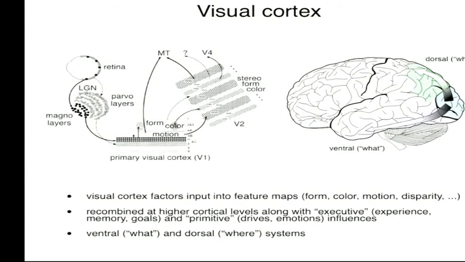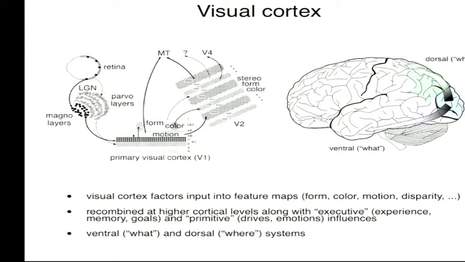Okay, so once we get further on into the cortex, the fibers come from the retina to the optic chiasm to the LGN, the lateral geniculate, and then from the lateral geniculate to the occipital cortex, the visual cortex in the back of your head. So this is visual cortex back here, primary visual cortex, also known as V1, right?